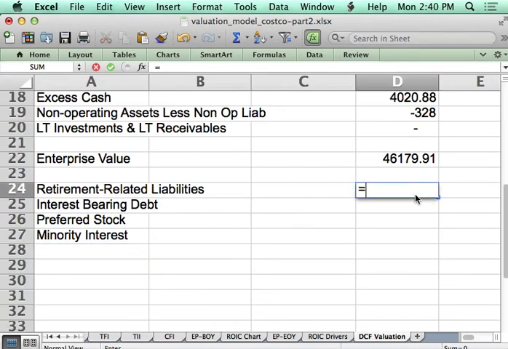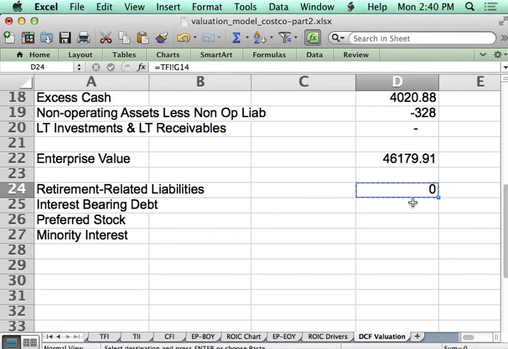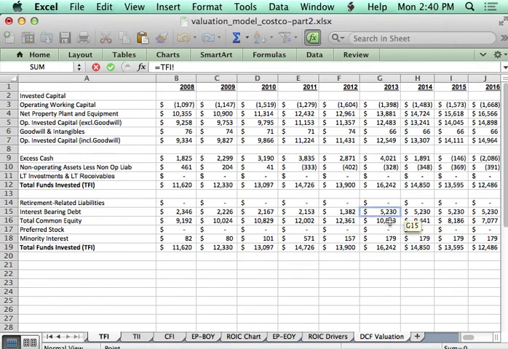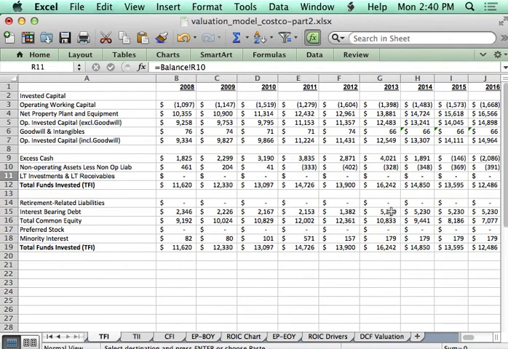And again, I'm going to use the 2013 values, which is the current amount outstanding, for retirement and interest-bearing debt, and the 2013 for preferred and minority shareholders. If I go back to my TFIs, those are the 4 items: retirement-related liabilities, interest-bearing debt, preferred stock, and minority interest, that will be paid before common shareholders get what's left.